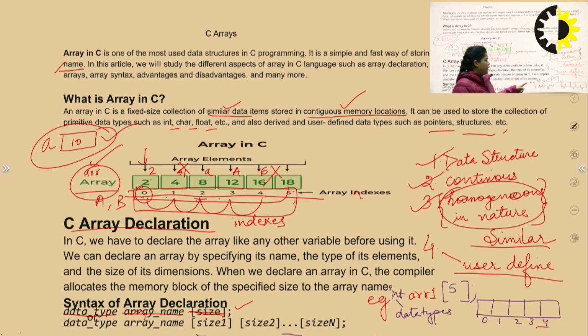When the compiler sees this, it understands that the data type the user is going to store will be integer, the array name is array1, and the memory allocated is 5. It will be 5 because it starts from 0: 0, 1, 2, 3, 4.